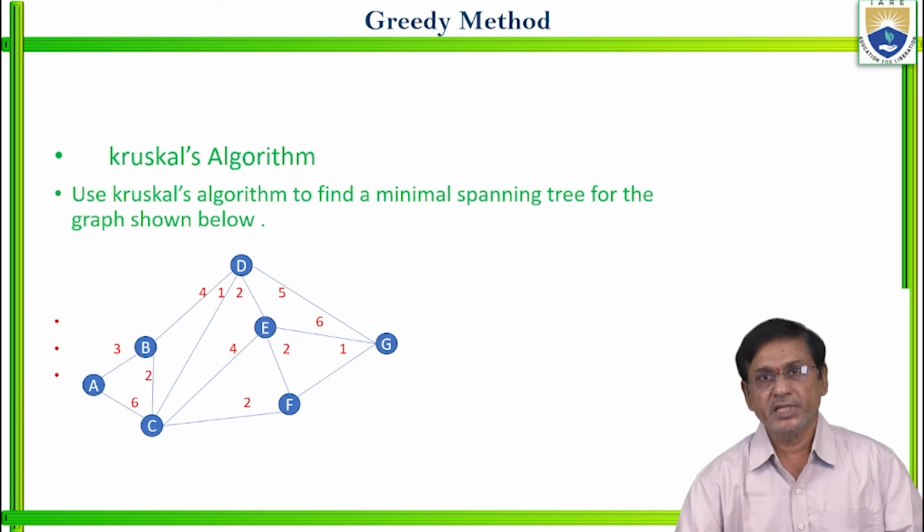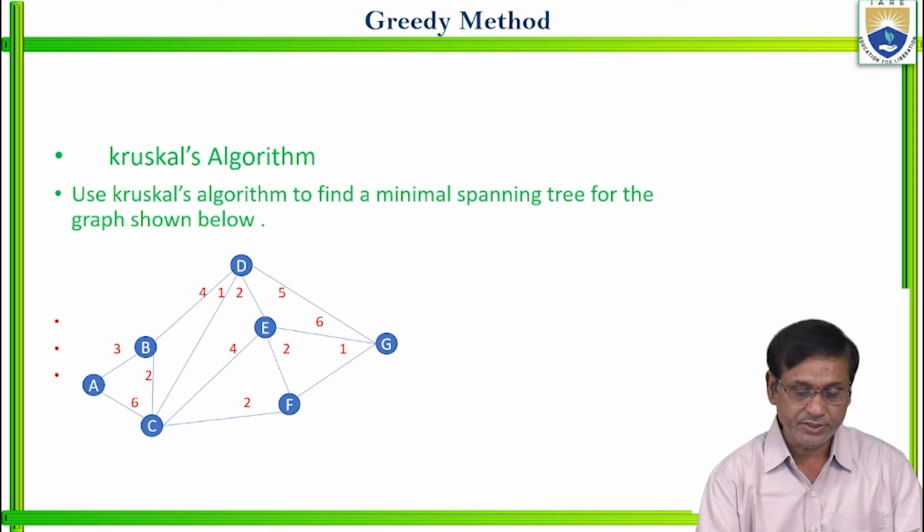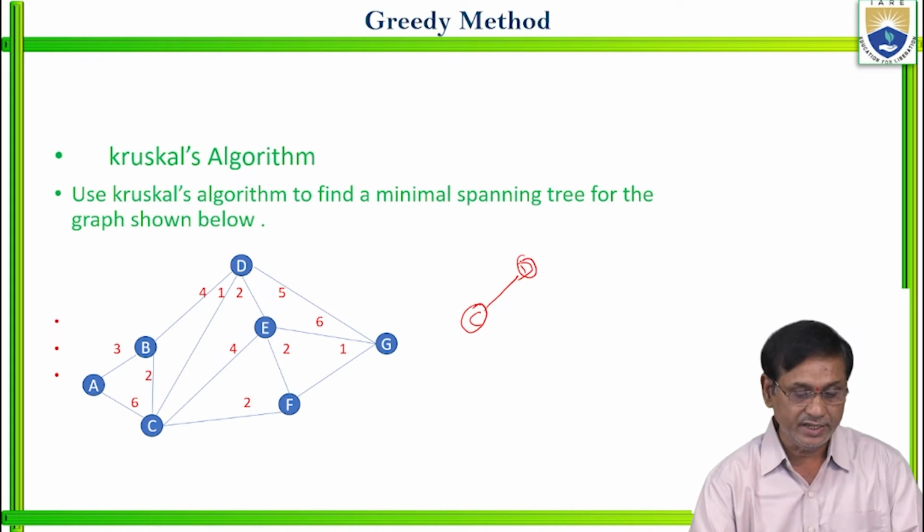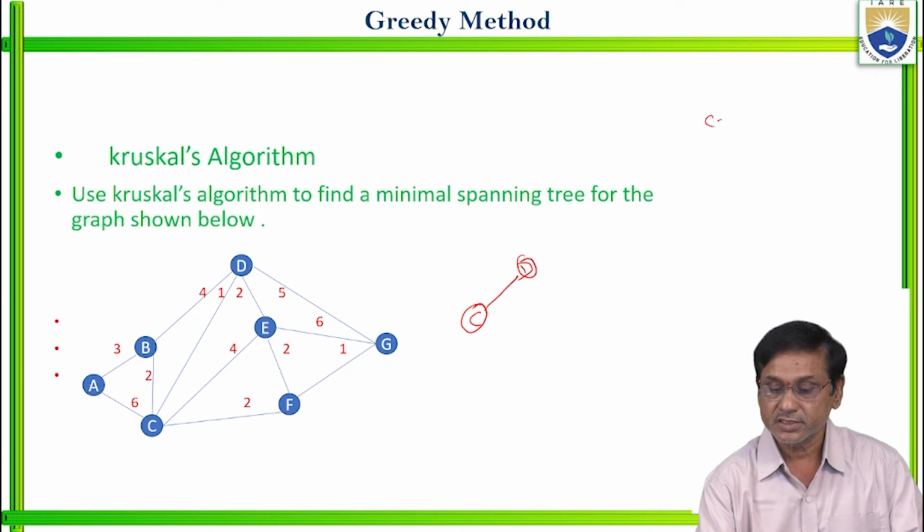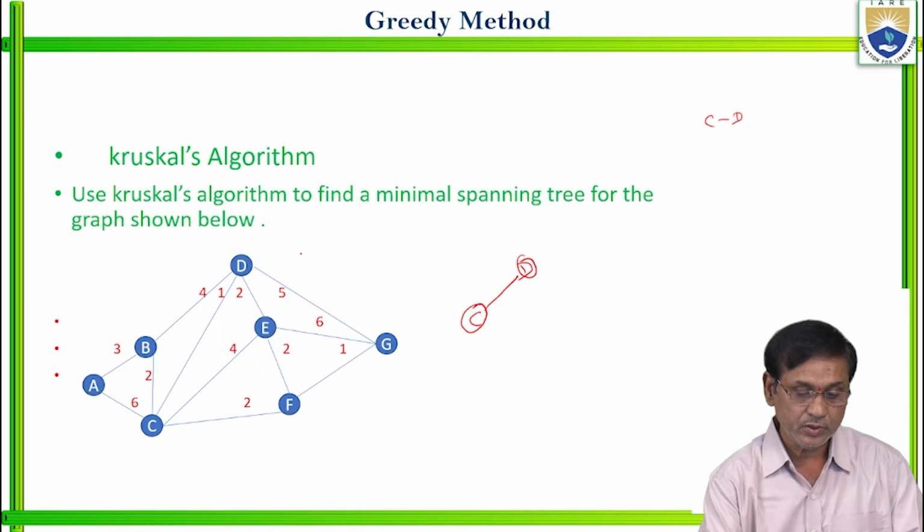Then you select an edge which is having very low cost. So among all the edges, CD is the first. List out all the edges in increasing order. So now first you can write C, D is 1.